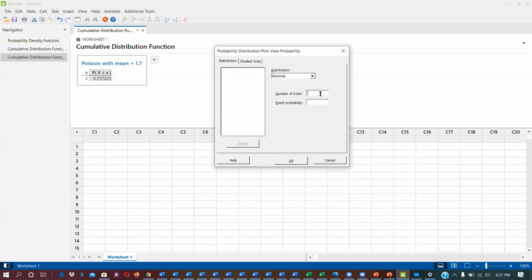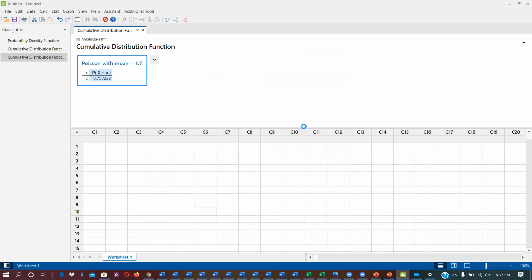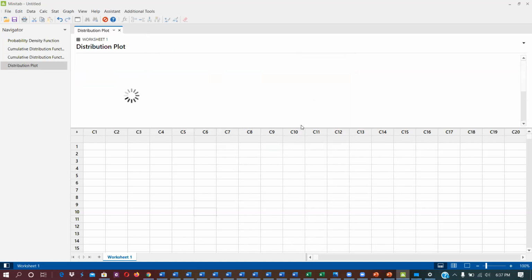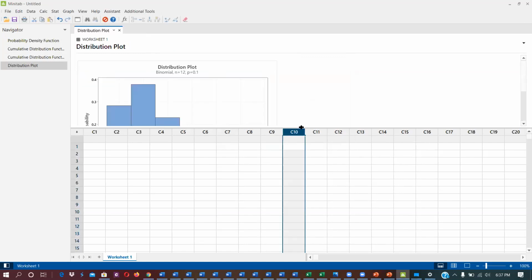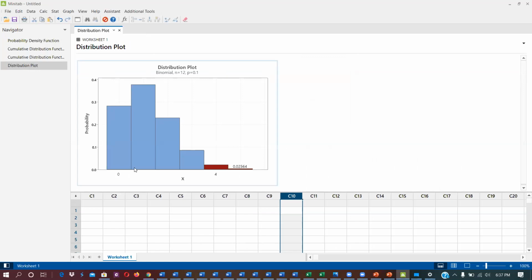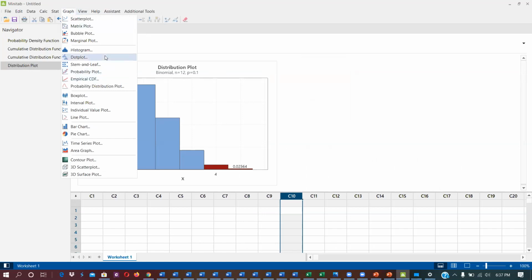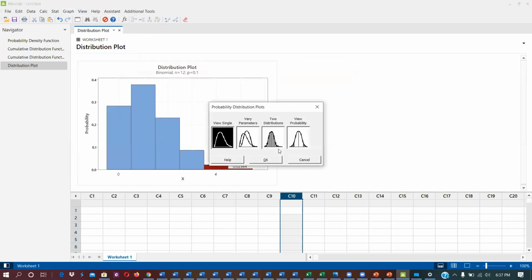Let's say in binomial distribution, the number of trials, like the very first example, event probability is 10%, and you can see this is 0, 1, 2, 3, 4, 5, n equal to 12. So this is a probability plot. Similarly, I can go with probability distribution for Poisson in this case.